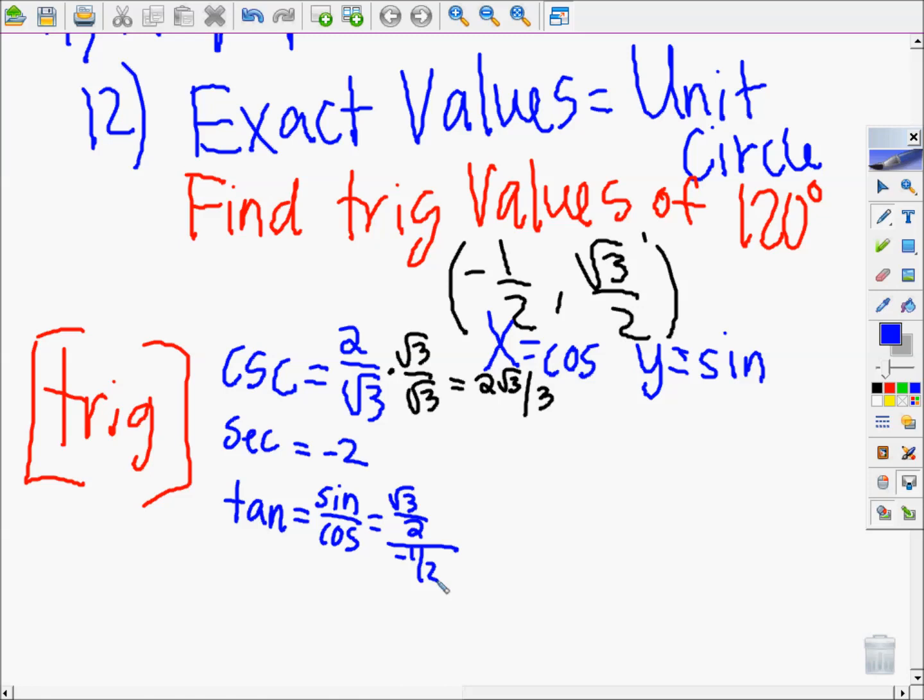How do we divide fractions? You keep the numerator, change the operation, and flip the denominator. There we go. What happens to my 2's? So my answer is just negative square root of 3. Why is it negative? Because there's a negative 2 right there.